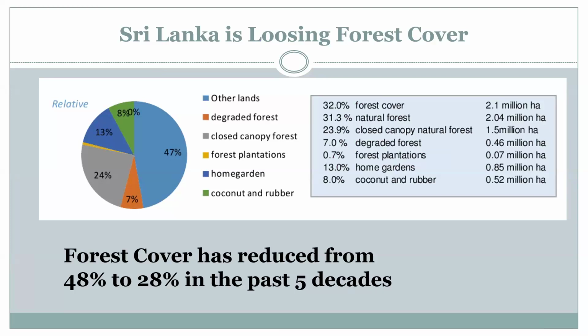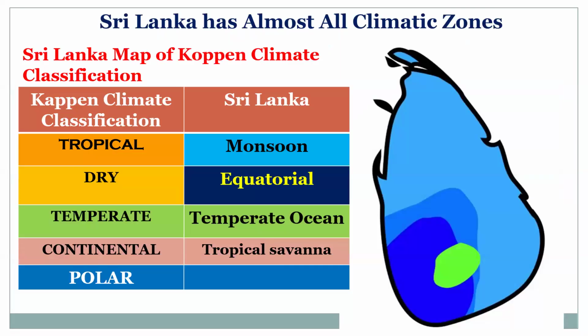So this is alarming, and I think we in Colombo are most affected, and also people in the north and east. Sri Lanka has almost all climate zones. That is the unique topography of Sri Lanka. Can you see that?